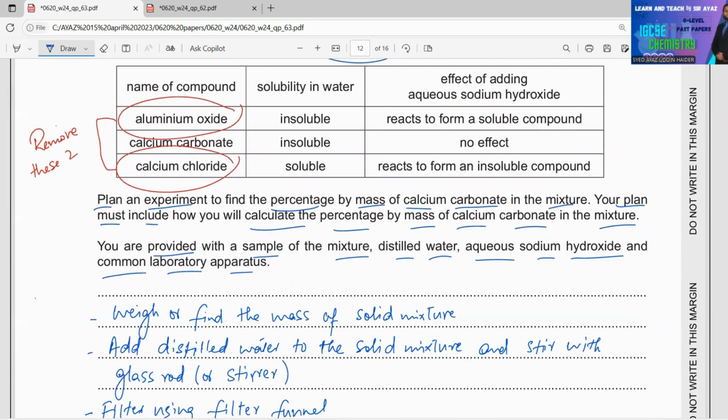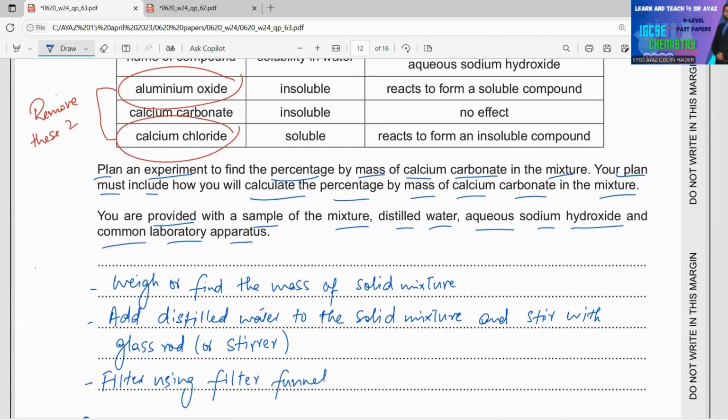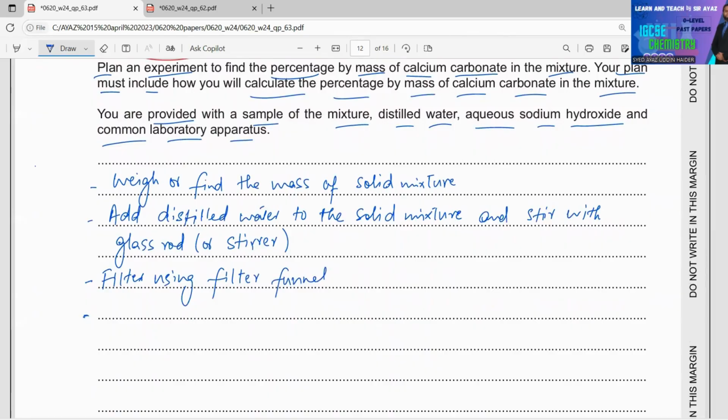If you want, you can add an additional step, that is wash the residue with distilled water so that whatever calcium chloride is left in the residue will be removed. So you will write wash the residue with distilled water. This one is optional.